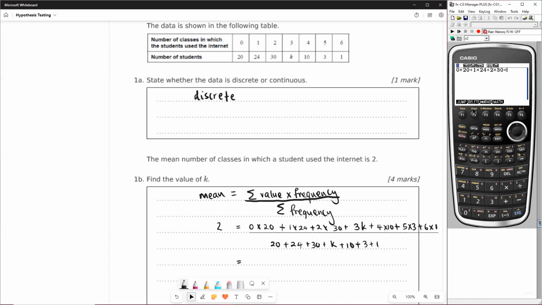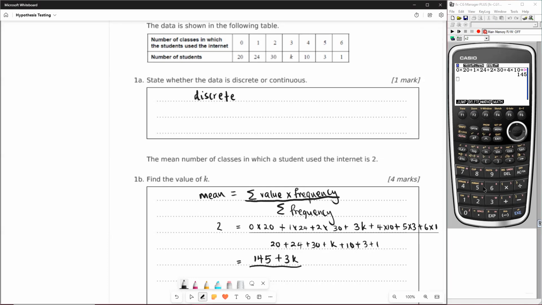We cannot add it with the non-variable terms. We can only add like terms. So that should be times 3, 6 times 1. So that gives us 145 for the non-variable terms.